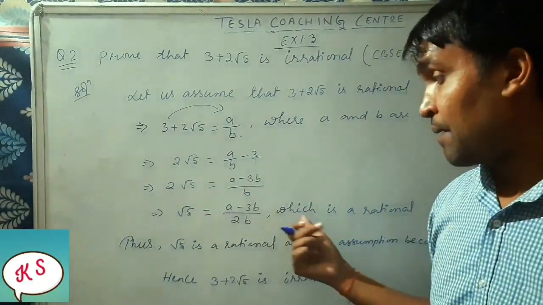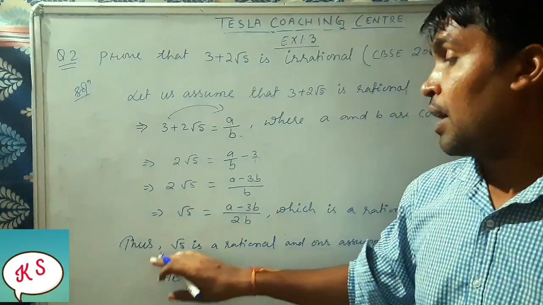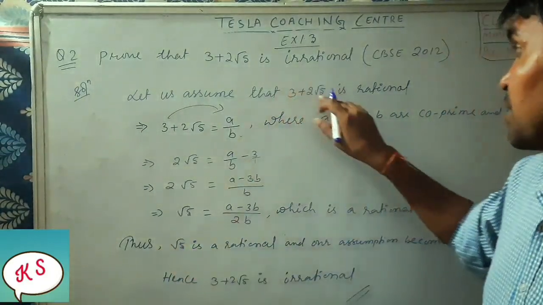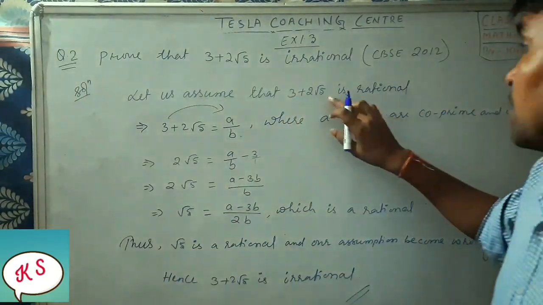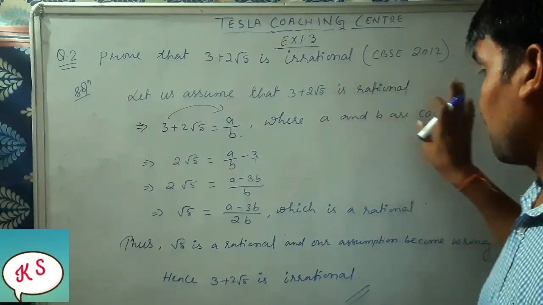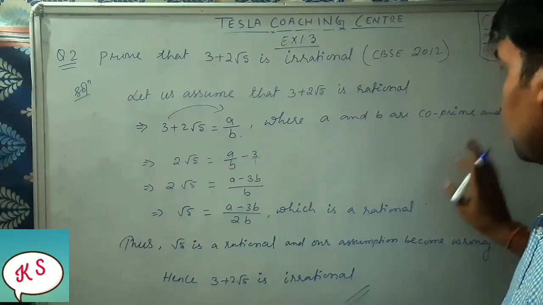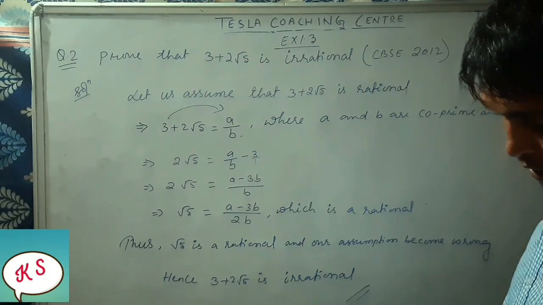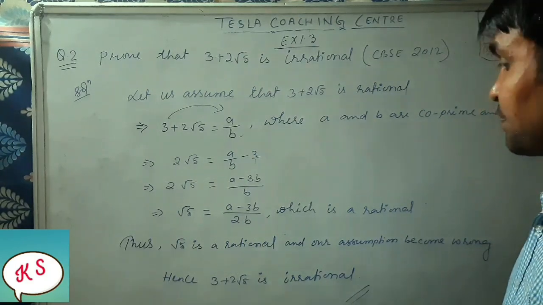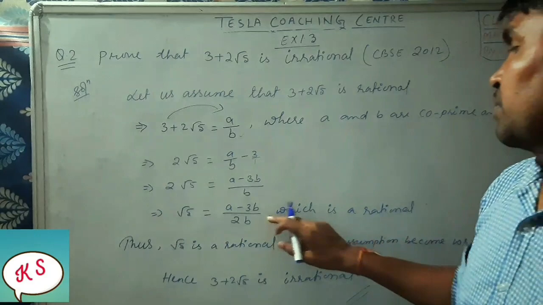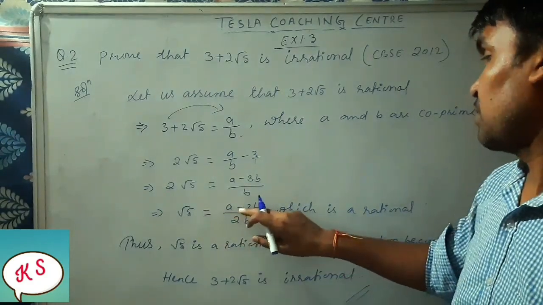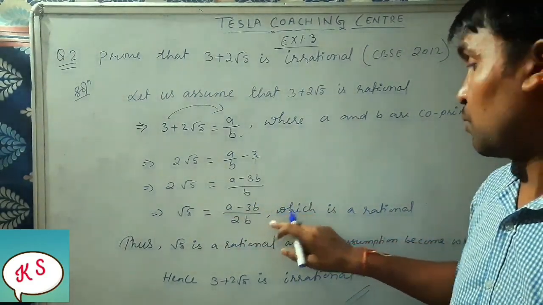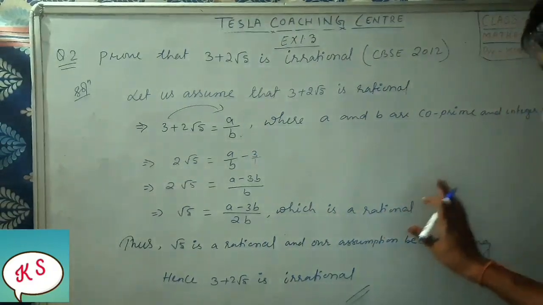So if root 5 is rational, then our assumption is what? Let us assume that root 5 equals a minus 3b by 2b, which is rational, right or not?